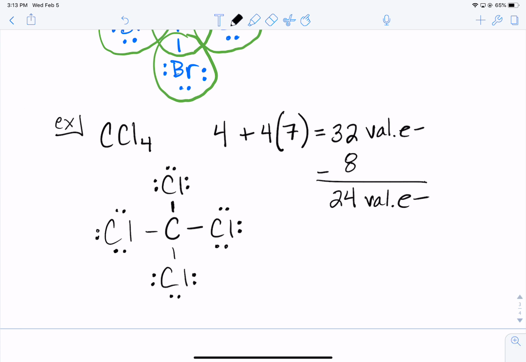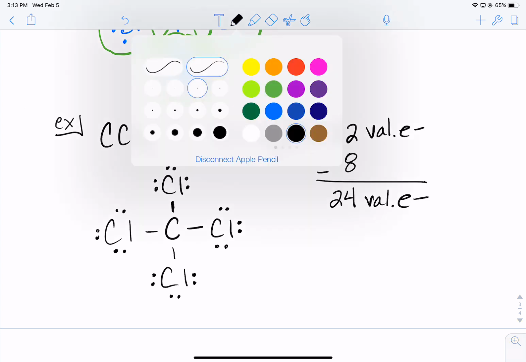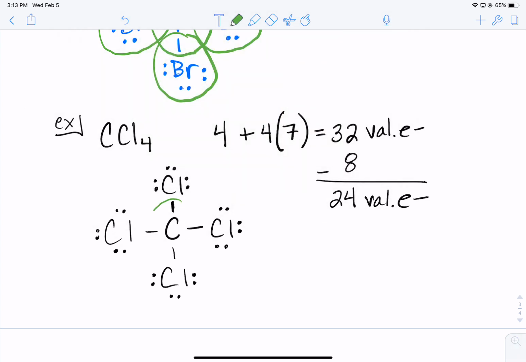I didn't even have to put any on the central atom. But uh-oh, is it okay? Is carbon achieved octet already? Each of those lines represents 2. Oh. Yeah, look, carbon has 2, 4, 6, 8. It only came to the table with 4, yet it's sharing with all the chlorine. And look, each of the chlorines are happy too. Do you see? Cool, huh?